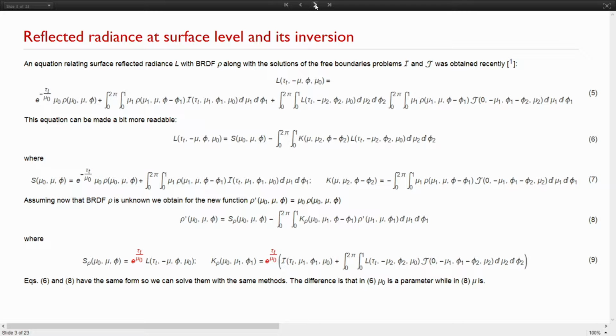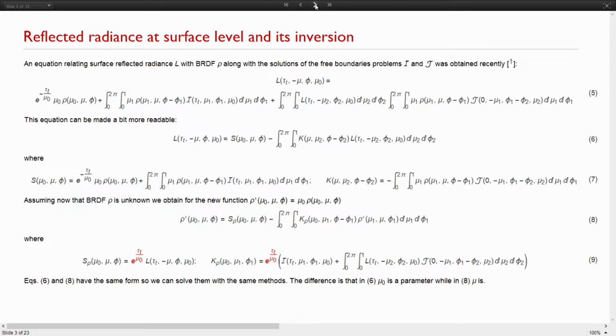And the problem is how to derive BRDF, again, as a property of the surface, from the measurement of reflected radiance. Equation 5 can be inverted, basically rewritten in the form of 8, where the source and kernel of that equation are given with equations 9.